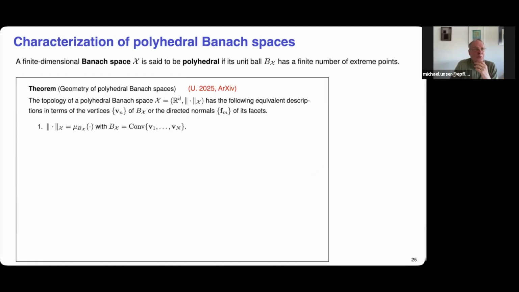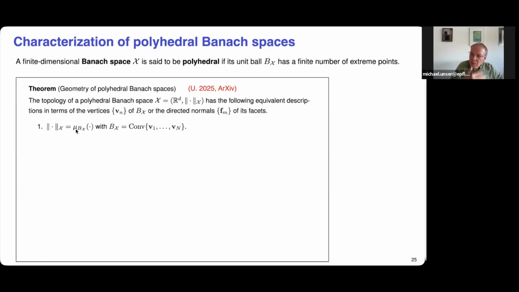Now what we want to do is to characterize all possible norms whose unit balls are polytopes. We call those Banach spaces polyhedral Banach spaces. What are those Banach spaces? It just means that the unit balls have a finite number of extreme points, which are the corners or vertices of the polytopes. In that case, if you know the vertices of the polytope, you take the convex hull, you generate the unit ball.